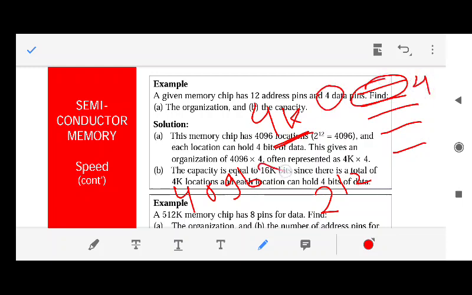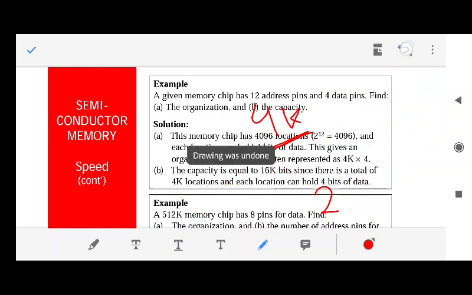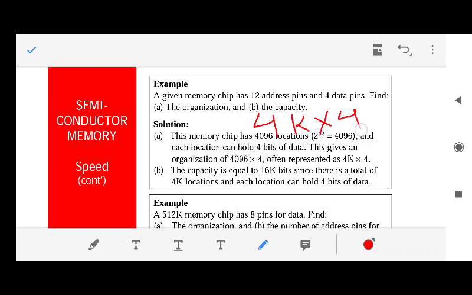So you multiply by 4 and get a value. Instead of that, you write the memory as 4 kilo multiplied by 4 bits, which makes finding the capacity easier. This is the total number of bits.